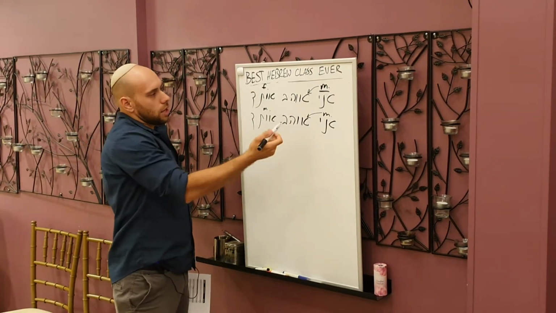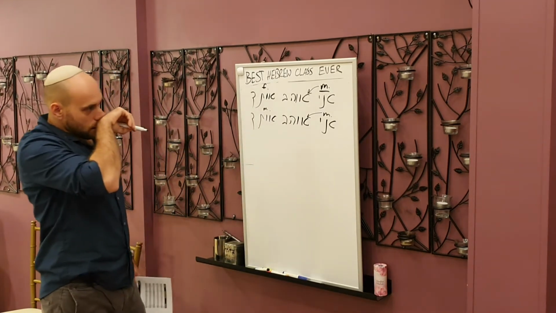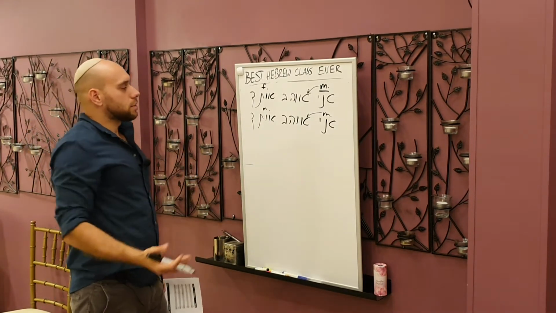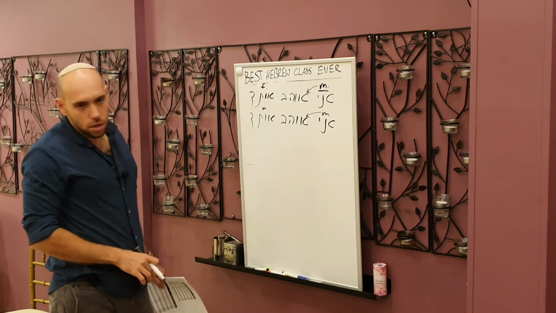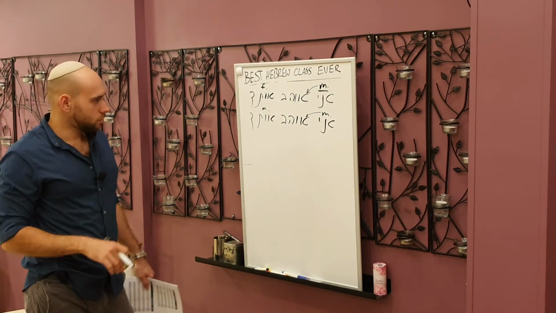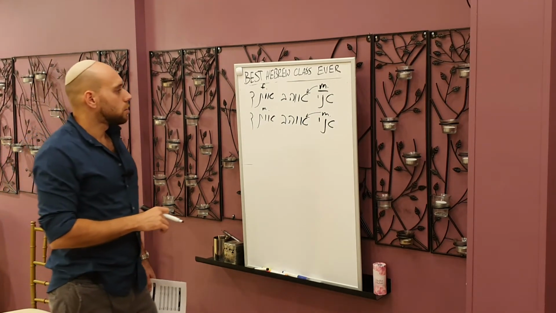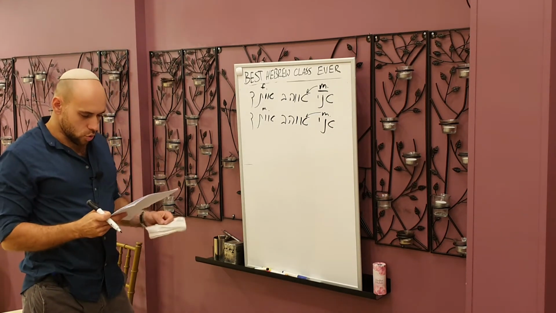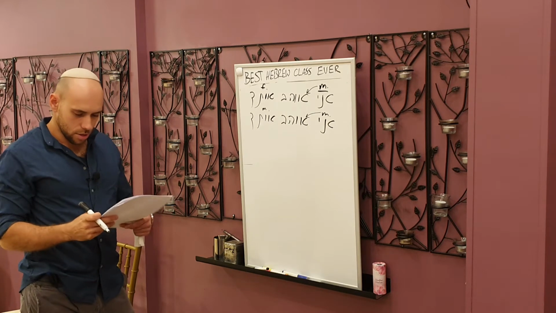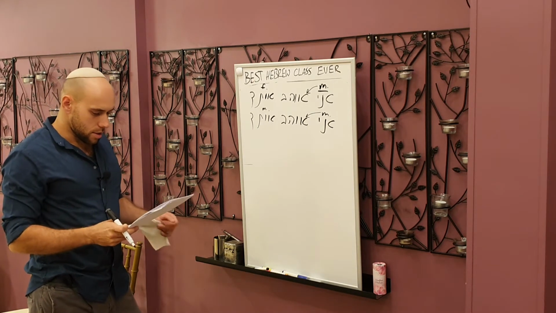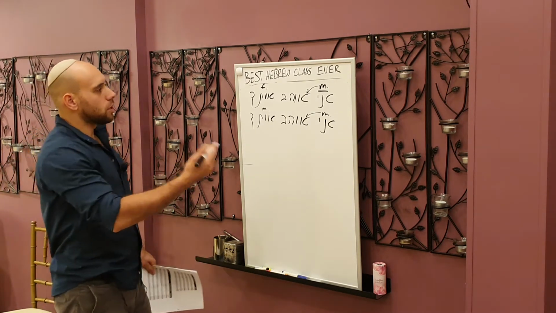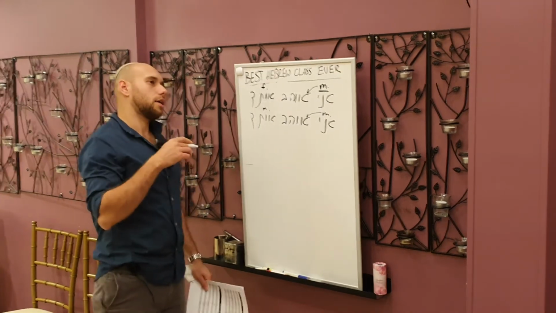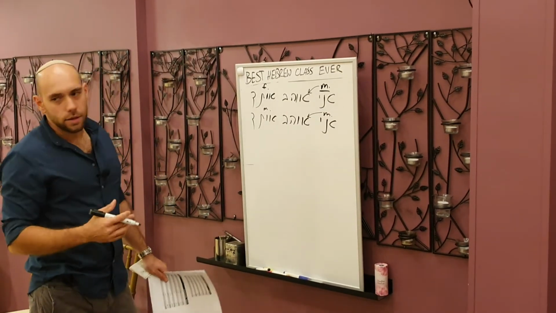So, okay, now let's say you want to ask someone. So wait, otach is you to a girl. You're speaking to a female. Let's say you want to ask a guy.